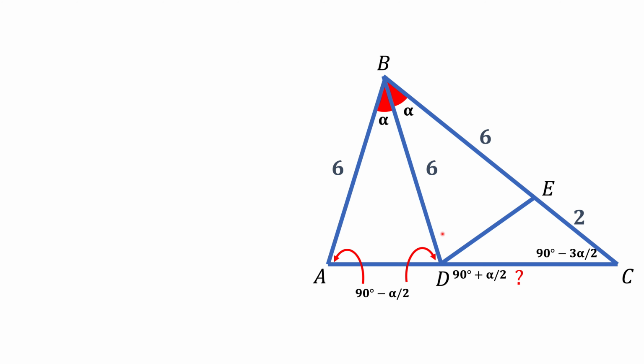So let's continue our angle chasing. Now the angle right here, angle D in the triangle DBE, should be the same as angle A right here. So it should be also 90 degrees minus alpha over 2. And that means that the angle right here, angle EDC, has to be alpha.